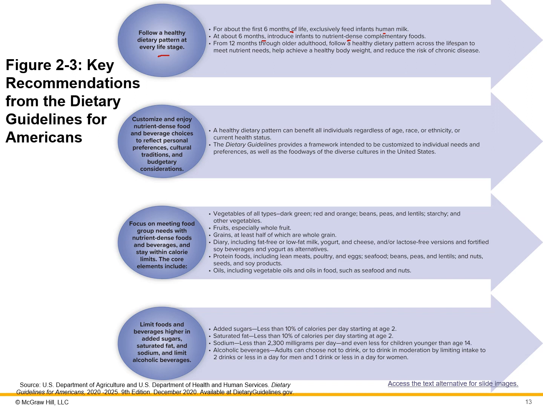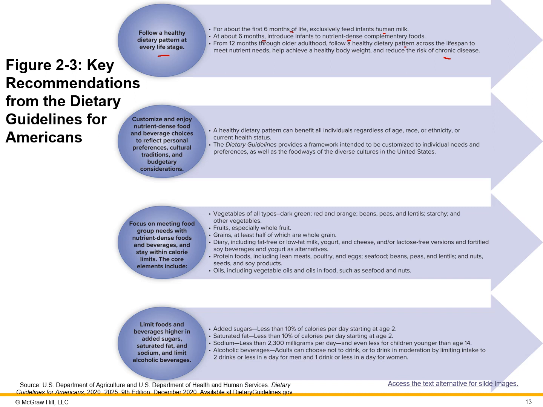And then by 12 months, through older adolescence and adulthood, is where those eating patterns really start to get established across the lifespan. They can also either increase or decrease the risk of chronic disease.